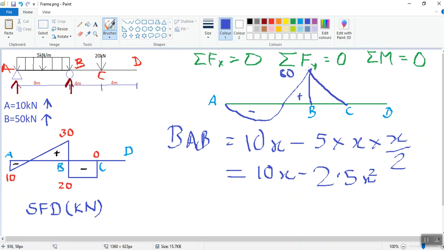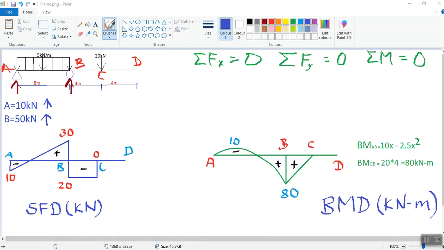So 0 to 80. So this is our bending moment diagram. Here you can see the shear force diagram and bending moment diagram clearly with values.